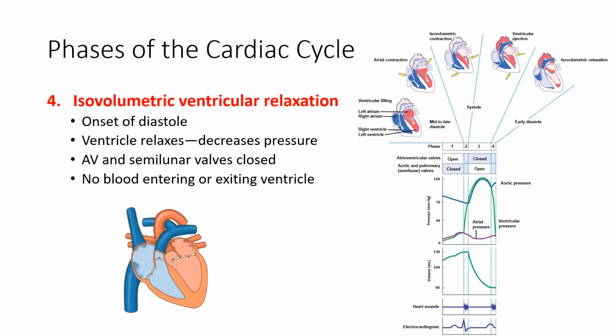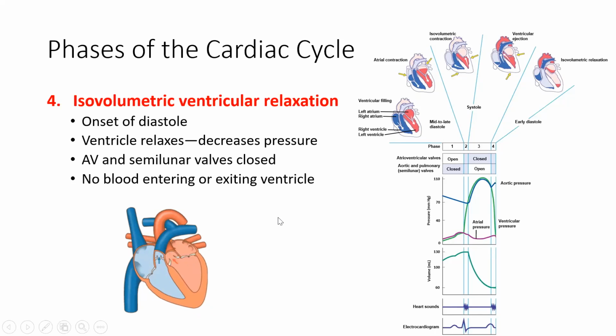It's not low enough yet to open the AV valves, but it's not high enough to open the semilunar valves. And so as this chamber relaxes, the pressure also falls until we get to a state where the pressure in the ventricle is once again lower than the pressure in the atrium, and that will allow the AV valves to open up once again. And we'll start an entirely new cycle because that will be phase 1.